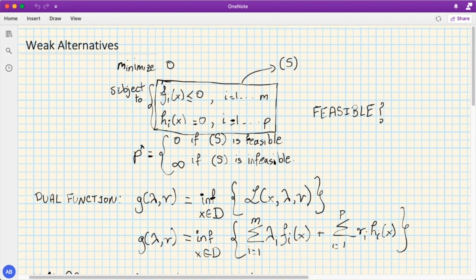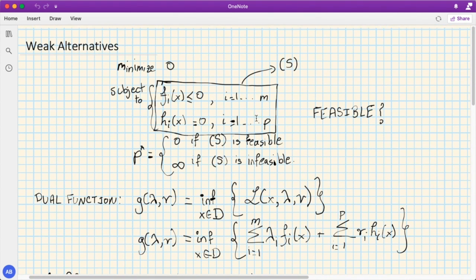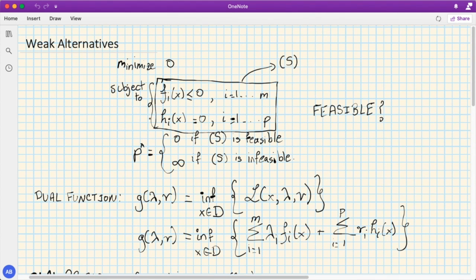Doing a bit of math over here, we formulated the optimization problem, that is, to minimize 0 subject to S. We found its optimal value, P star, which is an indicator function.